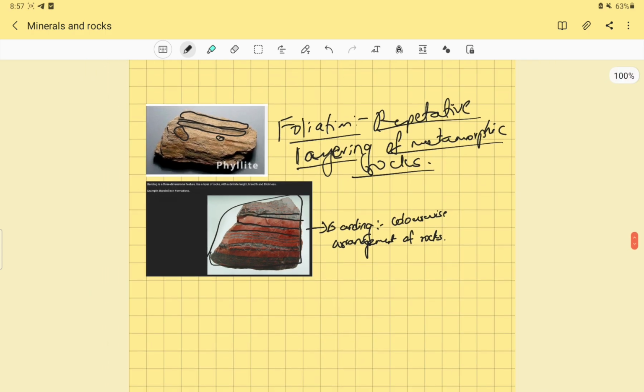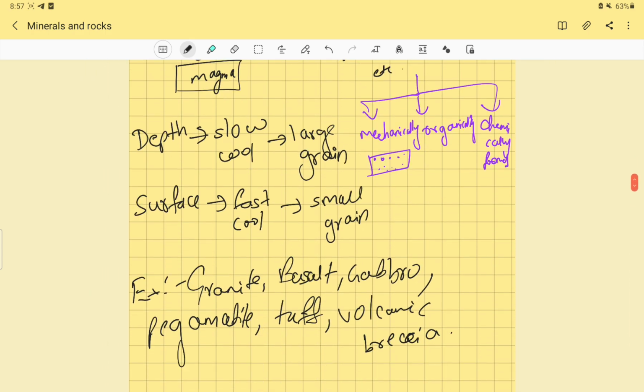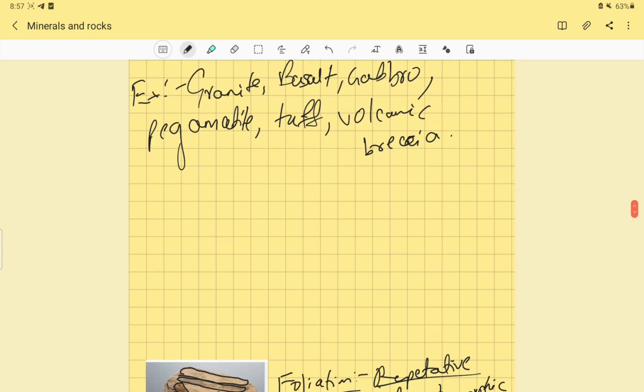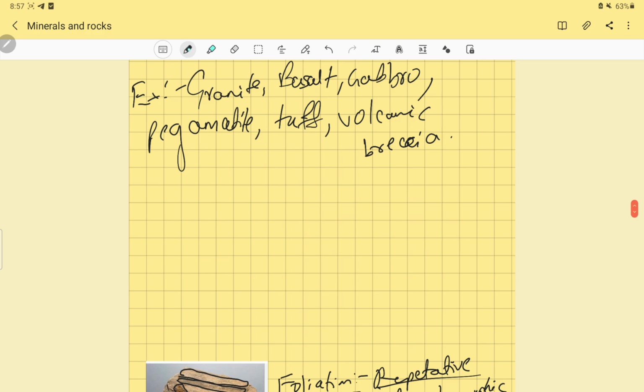And different types of metamorphic rocks are there. Now let's see that. There's no space here, I'll write down here. Metamorphic rocks, there are two types, two ways in which metamorphic rocks can be formed.